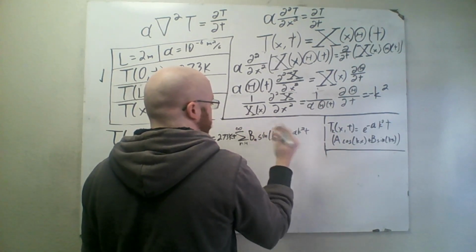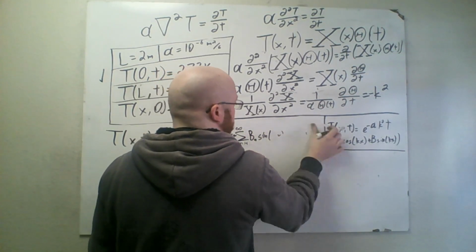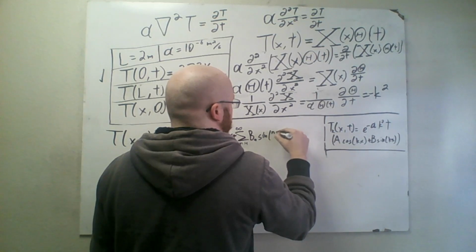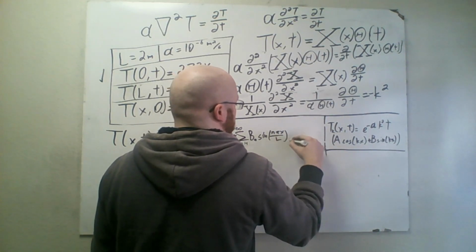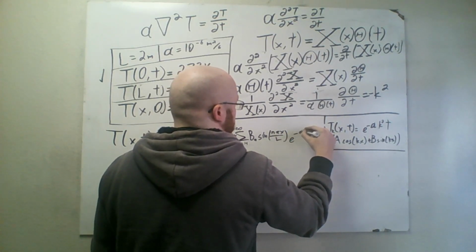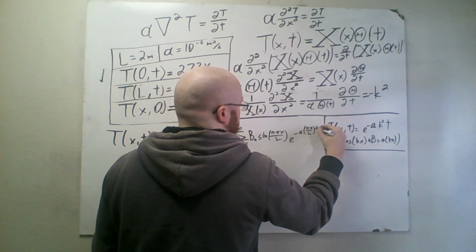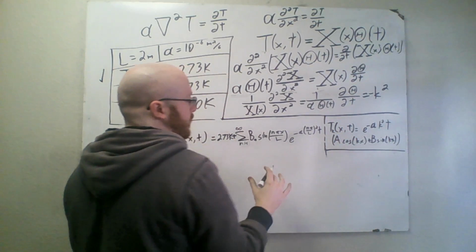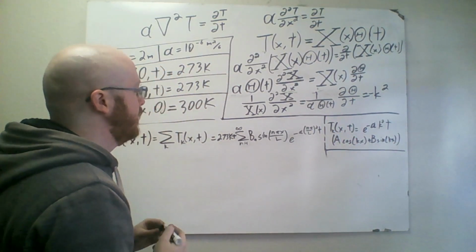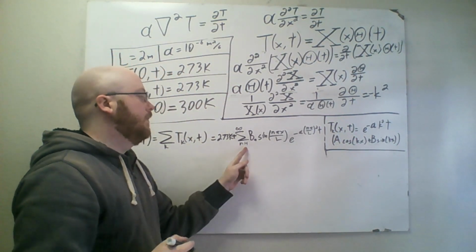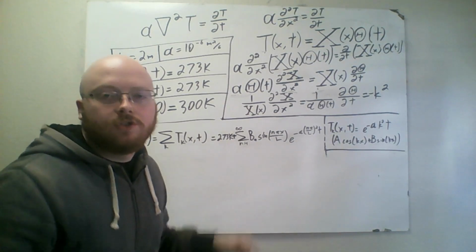I'm going to reindex in terms of n. N pi x over L e to the negative alpha pi over L squared t. So you plug in the k's, and you'll notice that I said n could be any integer.